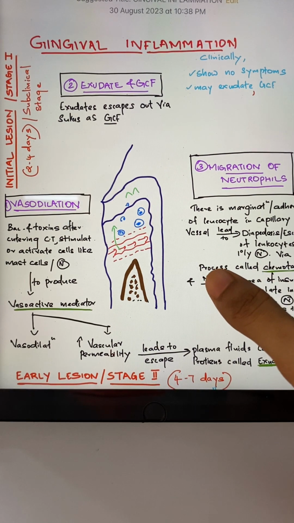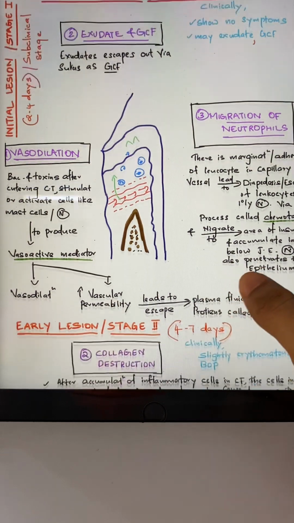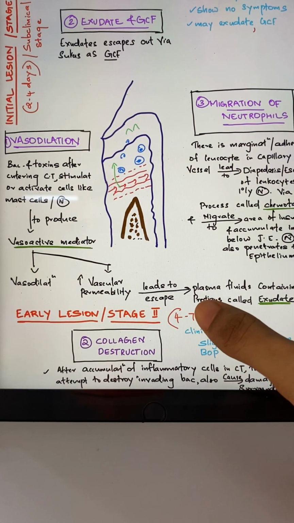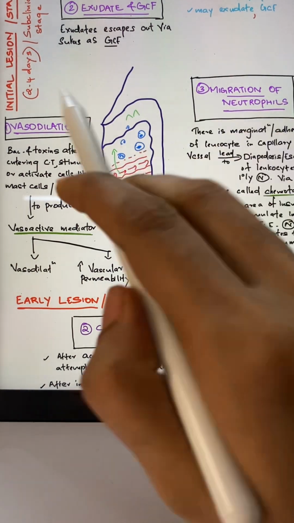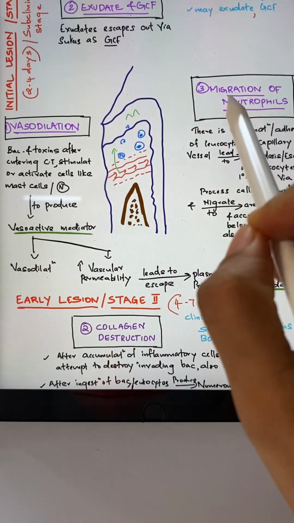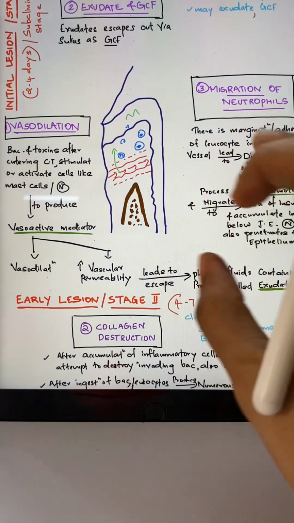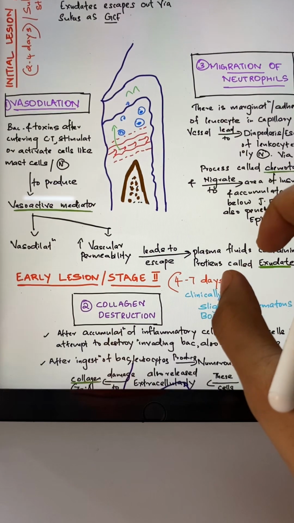Clinically we cannot see any symptoms, though we can sometimes see exudate or GCF. So what are the features that can be seen in the initial stage? Mainly we can see vasodilation, exudate and GCF, then migration of neutrophils. I will explain in detail how all these processes happen.